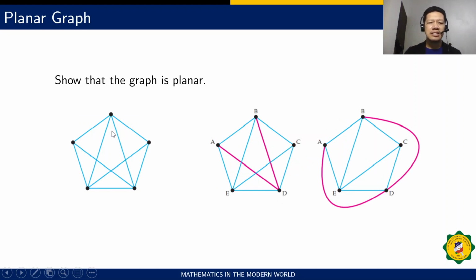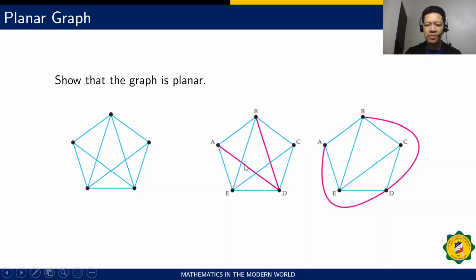How about this graph here? Can we draw an equivalent graph such that there will be no crossing over of lines? In here, we can put these lines in another part of the graph so that there will be no overlapping or crossing over of lines.